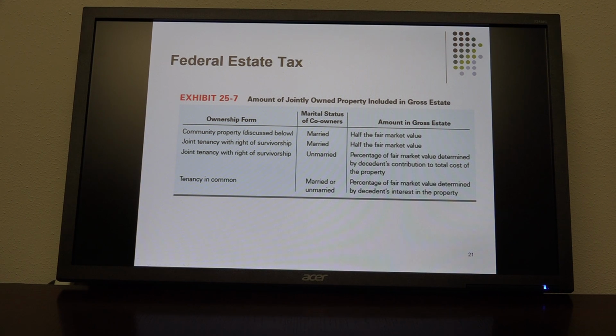And so this just kind of gives you some detail depending on the type of ownership form, the amount, and based upon your marital status, the marital status of the co-owners, the amount that you have to bring back into the gross estate.